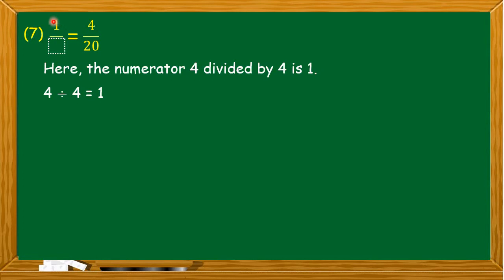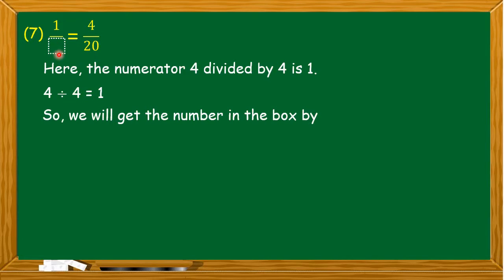So, we have 4 divided by 4 is equal to 1. So, to find the missing denominator, we also divide the denominator of second fraction by 4.